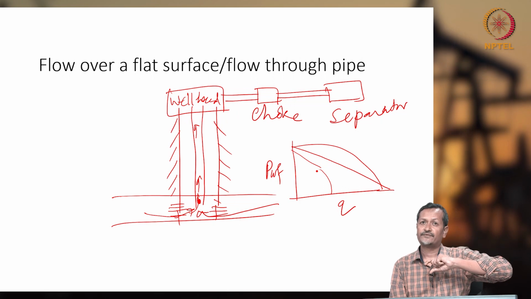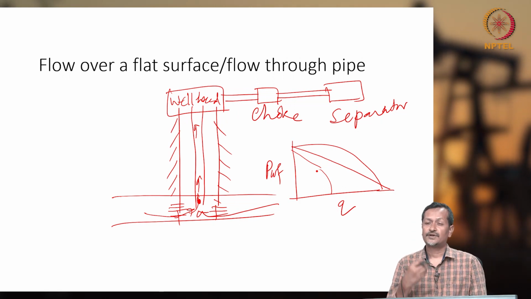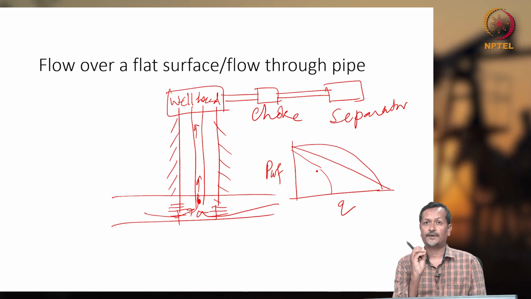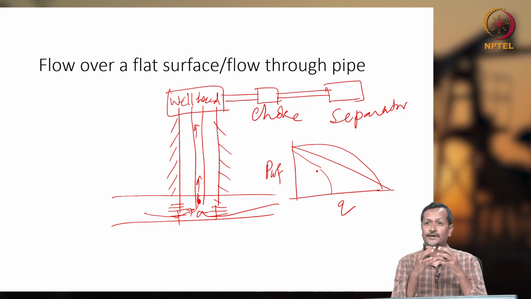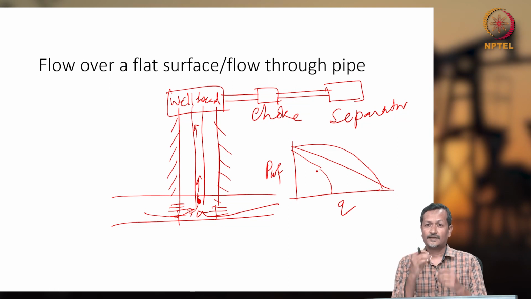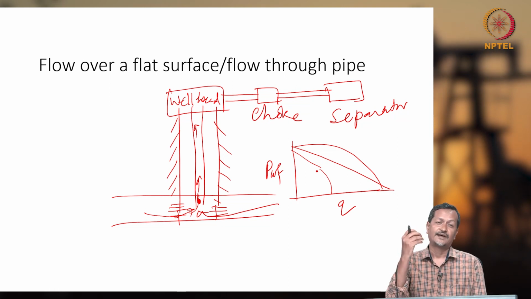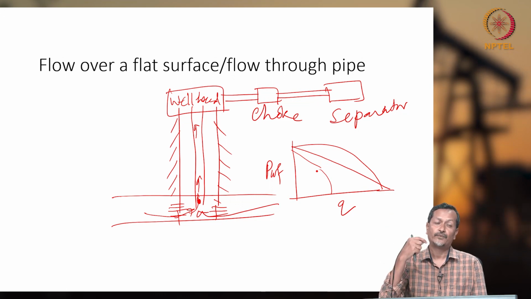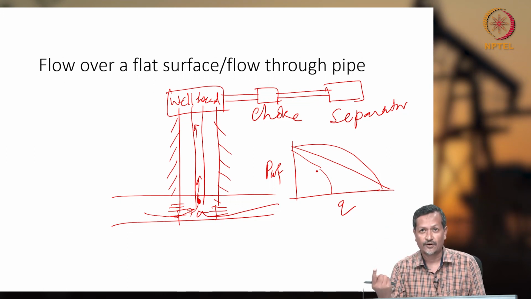Because of this very high pressure drop, there will be bubbling out from the oil, the oil will give off lots of gas, and then your fluid properties will change. Maybe the wellbore will not be able to produce oil or gas.